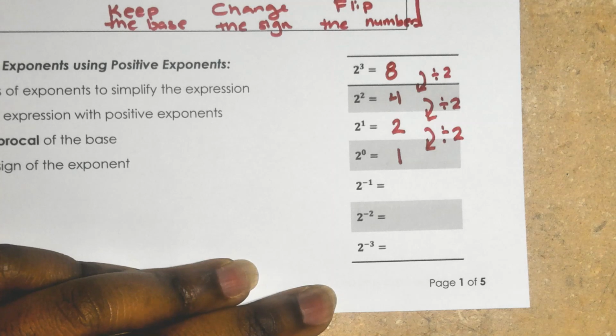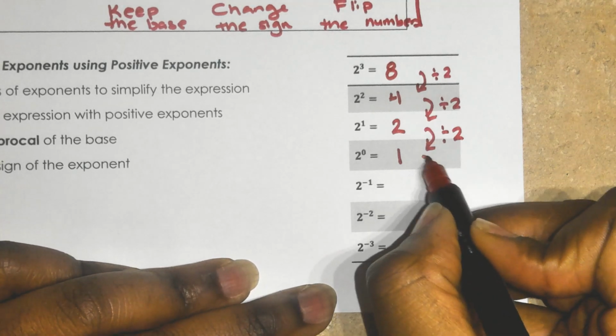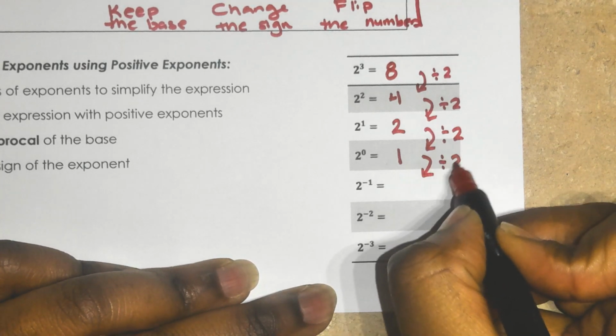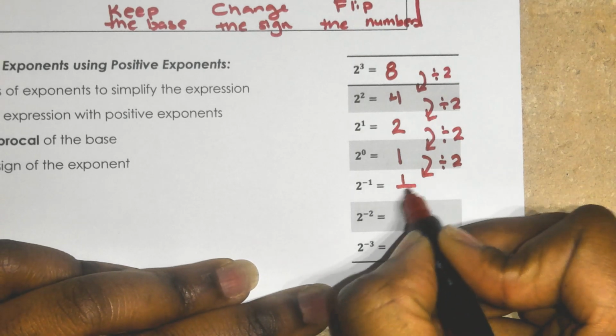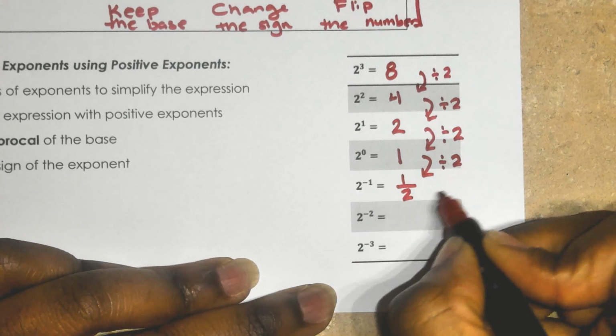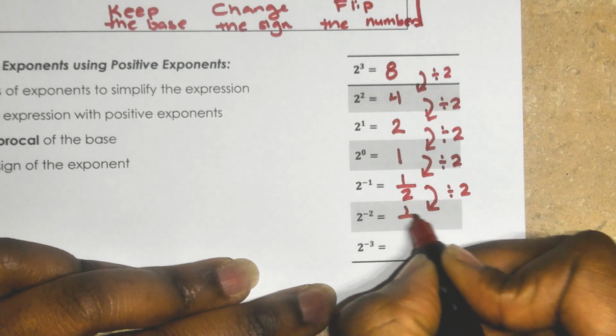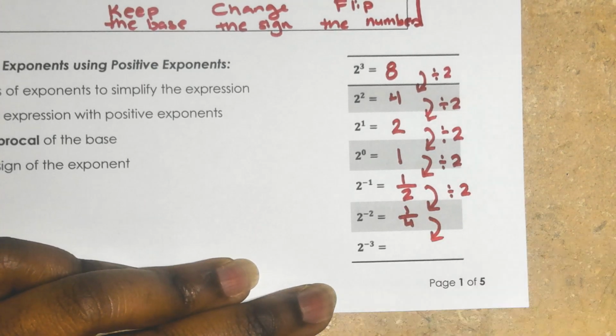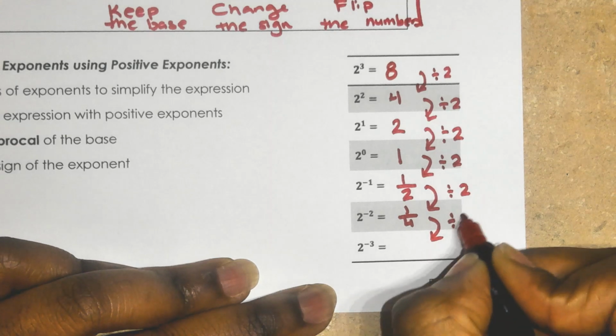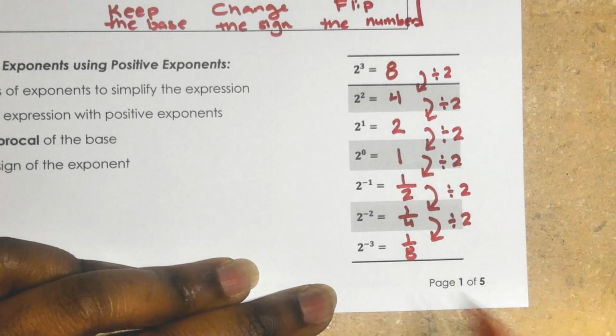So to continue on that pattern, I'm going to divide 1 by 2 and that gives me 1/2. I'm going to divide 1/2 by 2, and that gives me 1/4. And I'm going to divide 1/4 by 2, and that gives me 1/8.